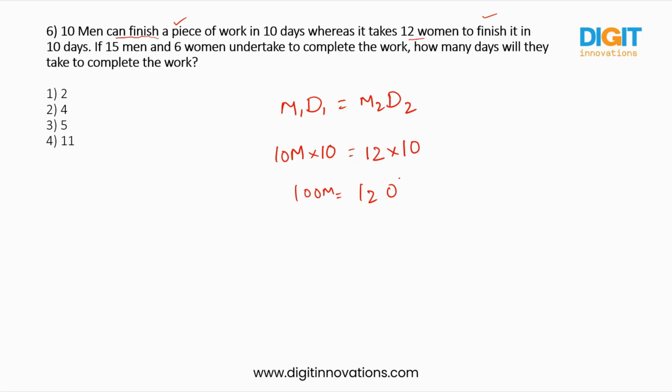So when we simplify further, you will get 5 men here and 6 women here. So the work that is being done should be equal for 5 men and 6 women. Okay. And next one, if 15 men and 6 women undertake to complete the work, how many days will they take to complete the work?